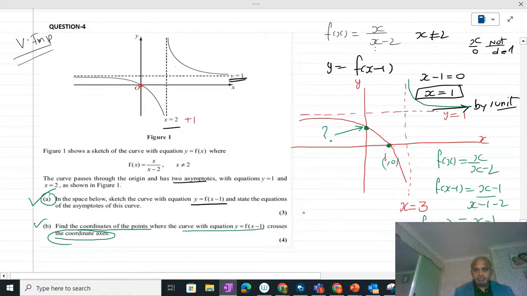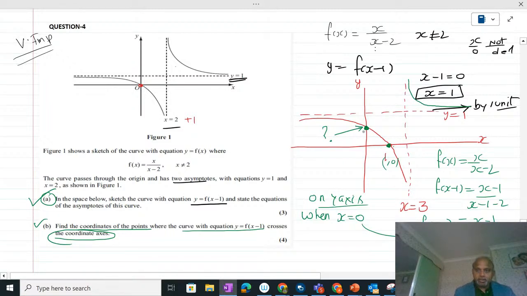So when we put x equal to 0, because on the y-axis x is 0, what are you getting? y equal to 1 over 3, because both minus signs will be cancelled.